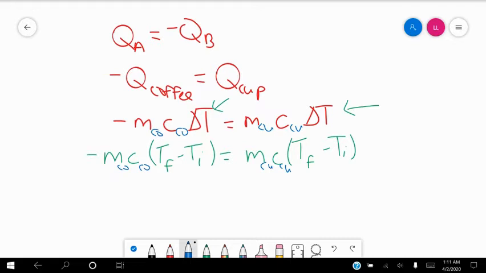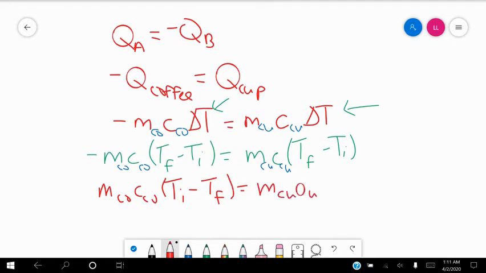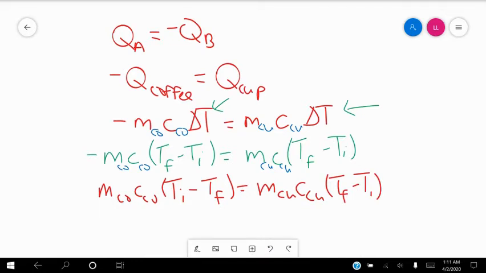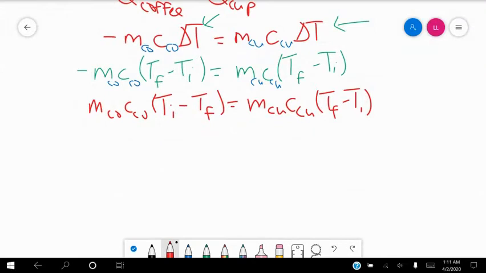You can see what happens if I bring in that negative sign. This becomes the mass of the coffee, C of the coffee, and then the TF and TI end up flip-flopping, which will make the solving a little bit easier. You always want to try to take care of that negative sign as soon as you can. These over here will remain the same. And now you can see it just becomes an algebra problem of distribution and then solving for TF.